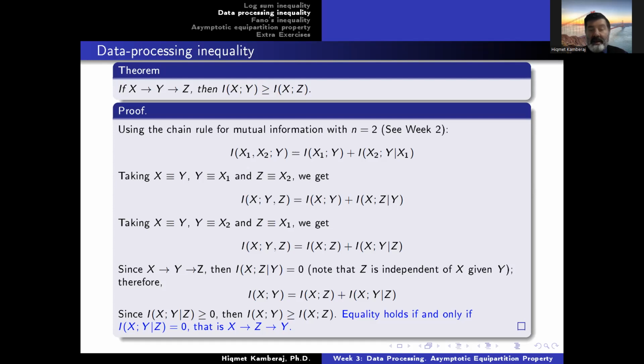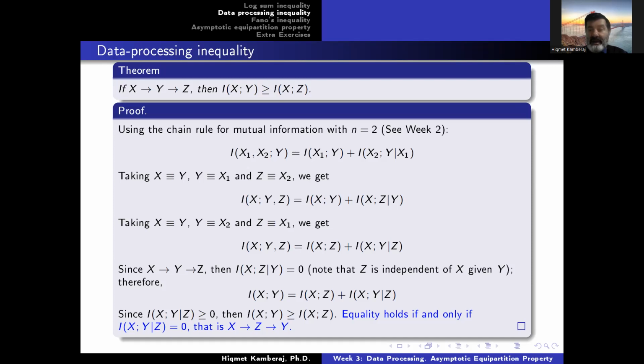Now, again, we take the first expression, but we rename the variables differently, like x as y, y as x2, and z as x1. Then we get the mutual information between x and the pair y and z is equal to the mutual information between x and z plus the mutual information between x and y given z.